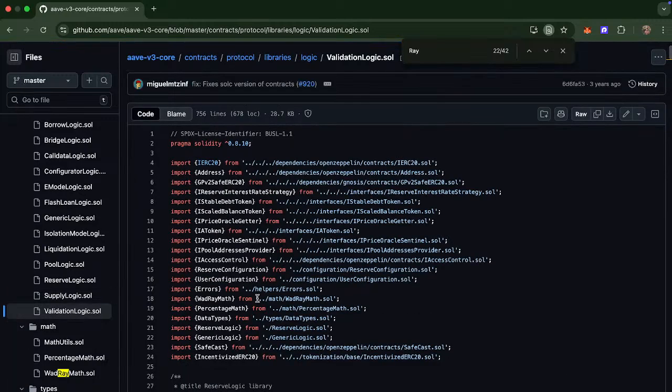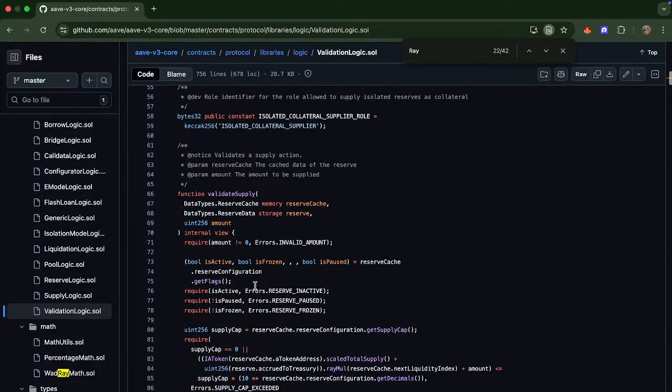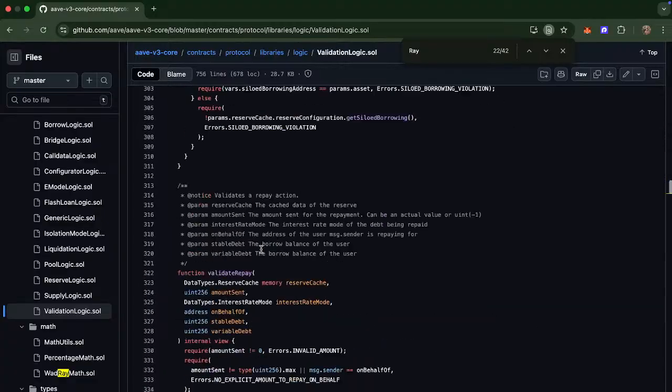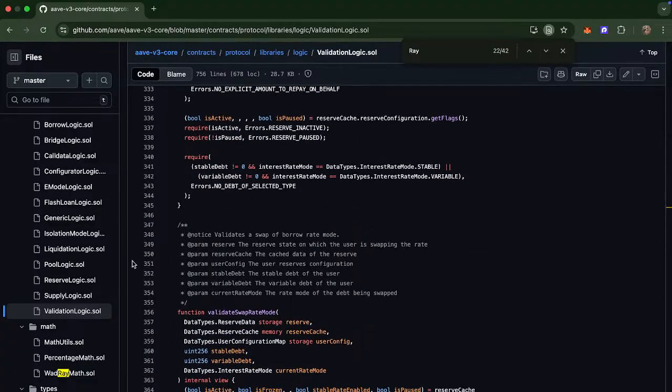Validation logic. Under validation we are not doing any type of validate withdraw, validate borrow, everything is under validation.